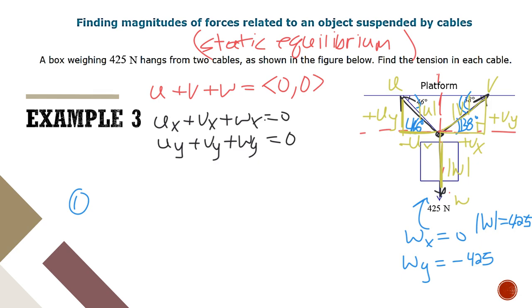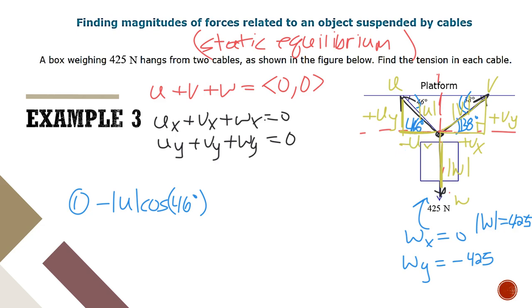If we set up that first equation, we will get negative the magnitude of u cosine of 46 degrees, just like we did before. So again, you would look over here and do SOHCAHTOA. That would be my u sub x. So you're finding the u sub x here, using this, which would be negative, and then using this angle.